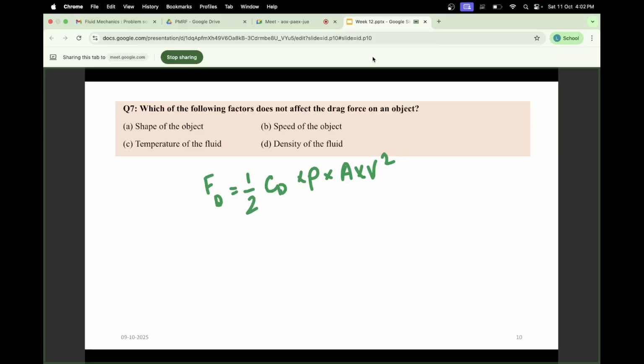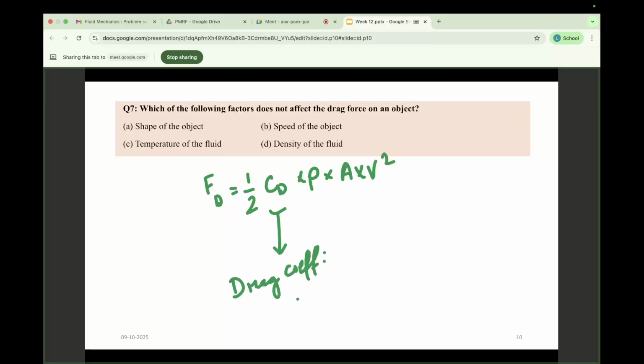So what is CD here? CD is the drag coefficient. It depends on shape and flow. Next is density, rho.